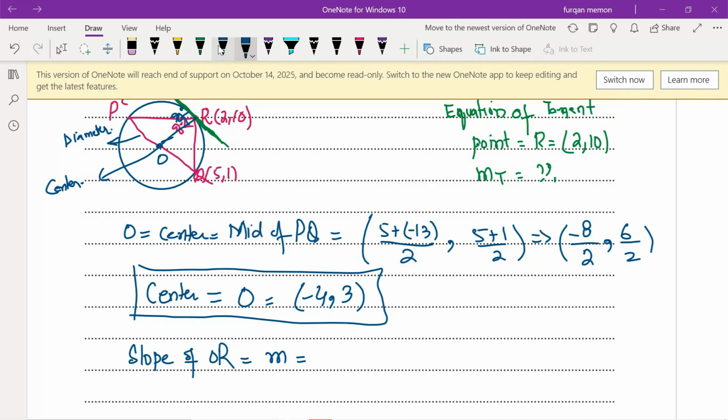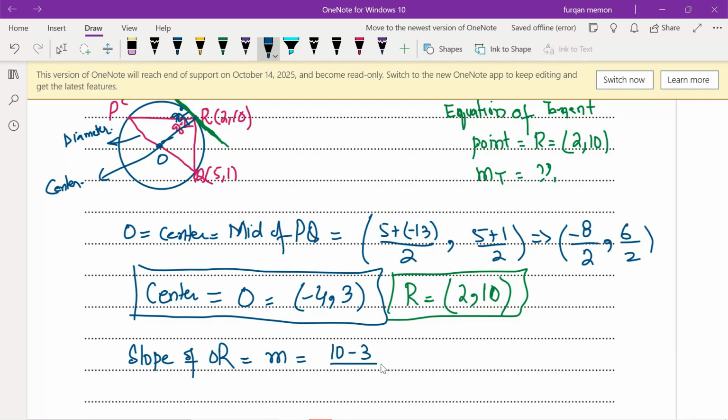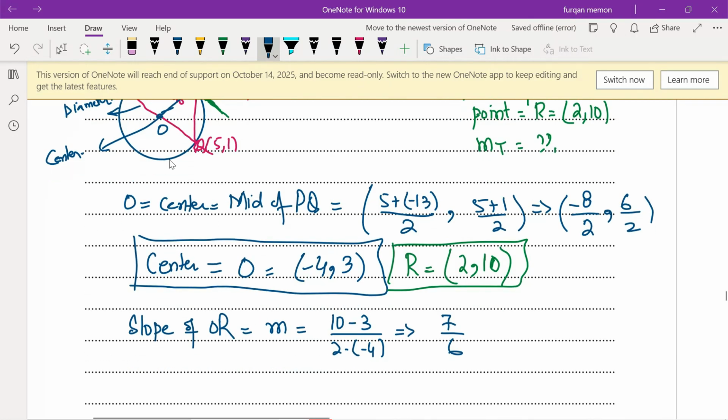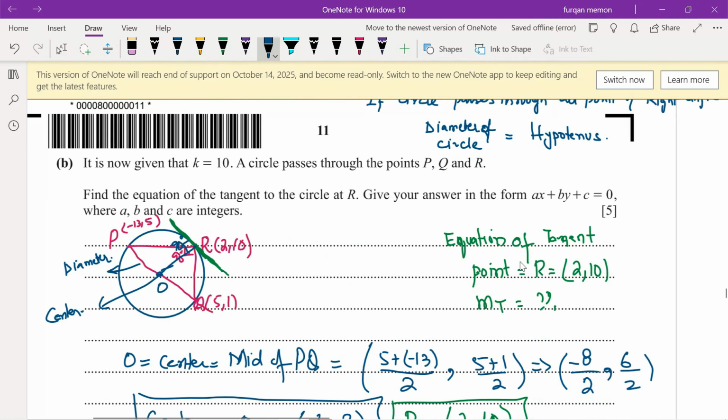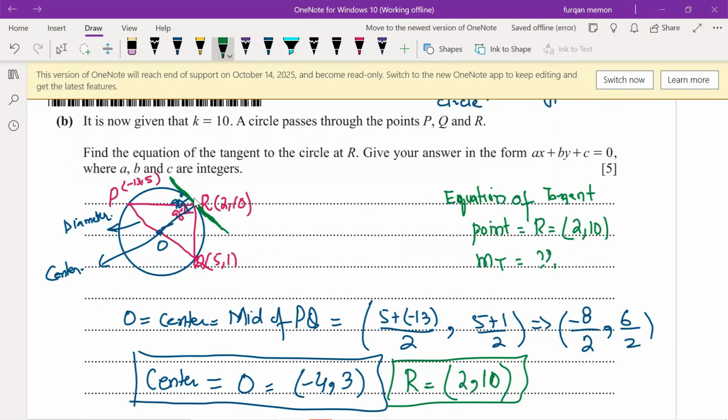Here the other point is R, which is (2, 10). So the slope is 10 minus 3 over 2 minus negative 4, which is equal to 7 over 6. So this is the slope of OR, and now we can find the slope of the tangent to the circle at R.